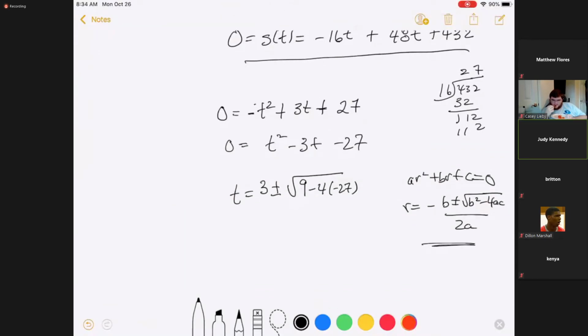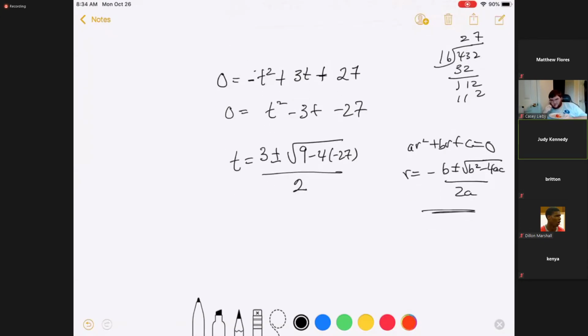Okay, which is at least a positive number. So that means they're going to be roots over 2a, which is 2. So let's see. So 4 times 27. Better to factor. Okay. If I factor first, I won't have so much arithmetic to do. I've got a 9.